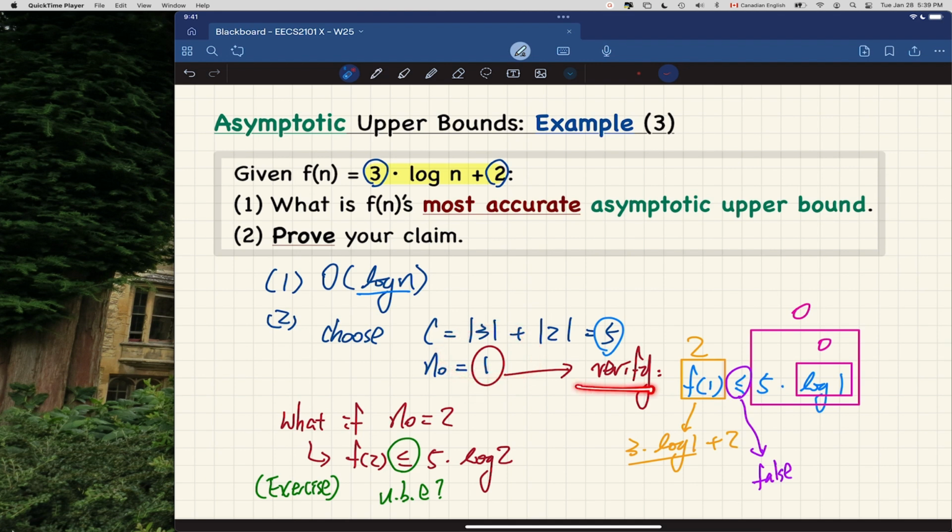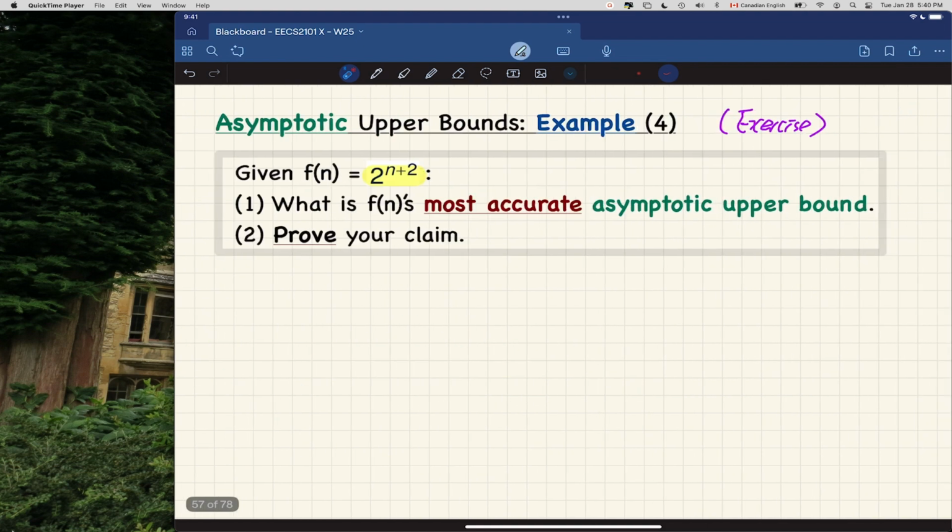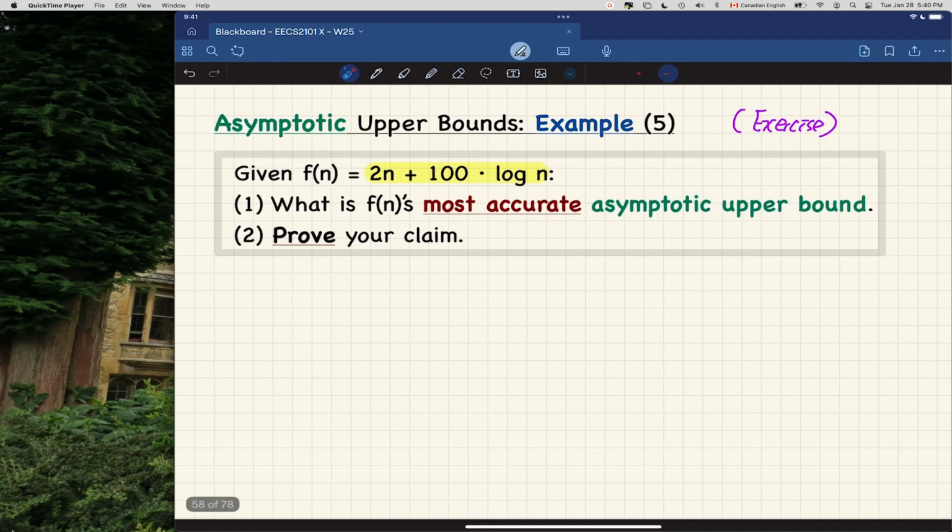In that case, verify actually failed. So we're going to try another, n0 equals 2. Typically, if 1 doesn't work, try 2. If 2 doesn't work, try 3. It wouldn't take too long for you to get a correct answer. And then this one will be for exercise, and this one also exercise. That's about it from Thursday. Any question?